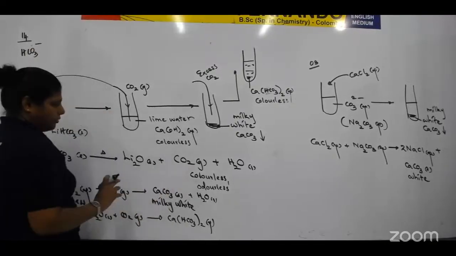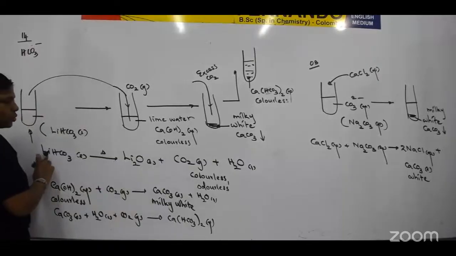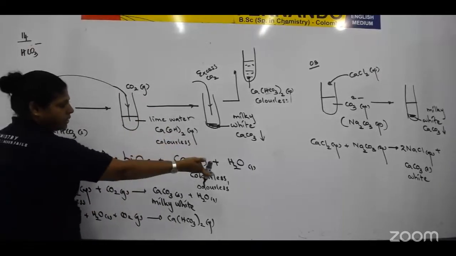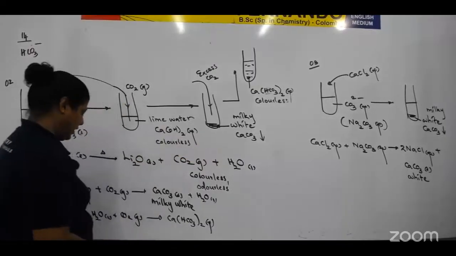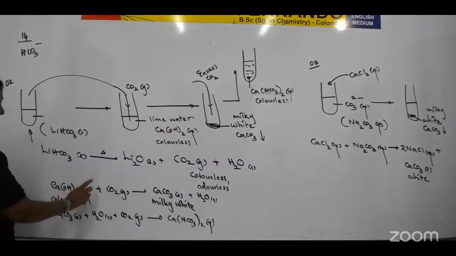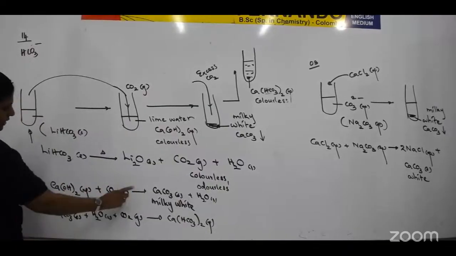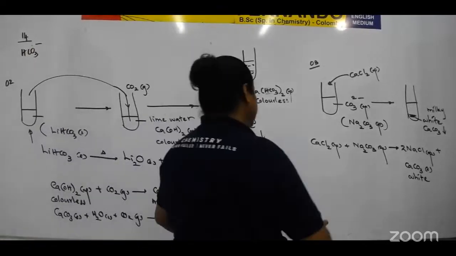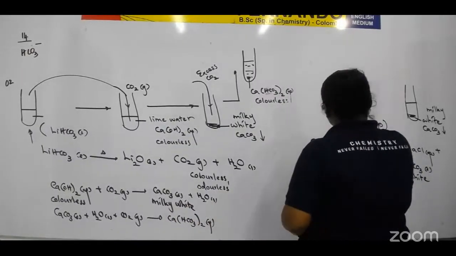So we decompose at high temperature. Water vapor is released to the atmosphere, meaning the temperature is at 25. Then the released CO2 goes to lime water, milky white. The milky white disappears forming calcium bicarbonate. That is test 2.